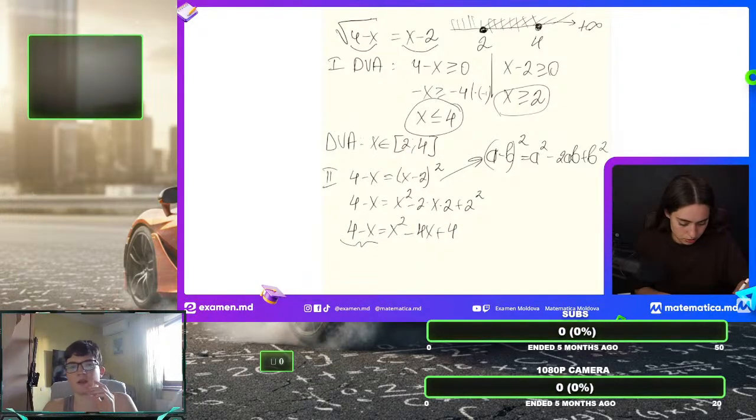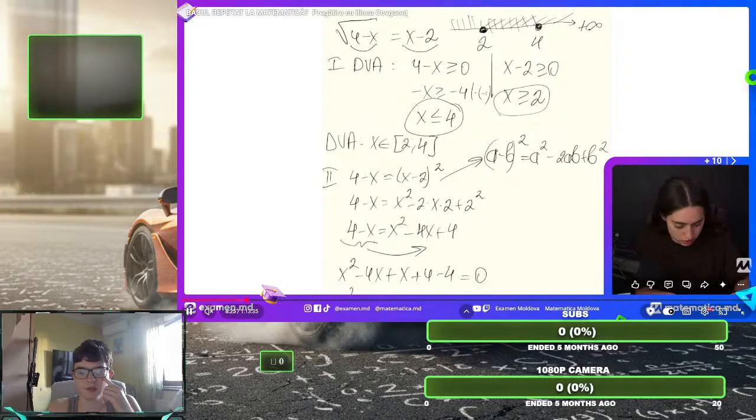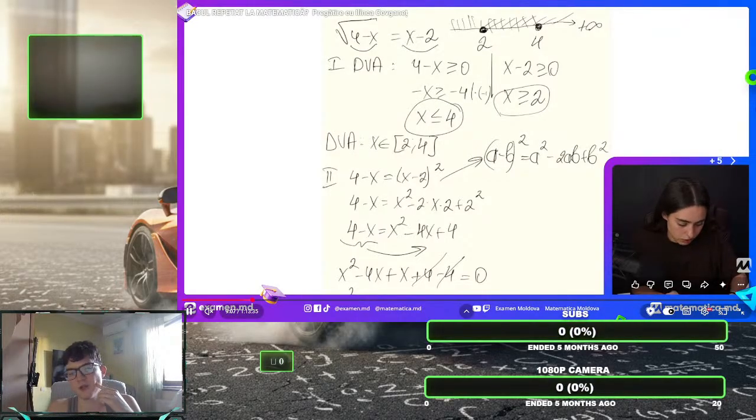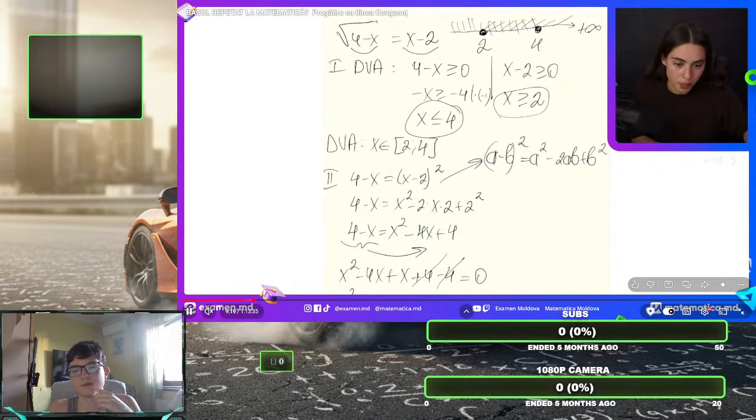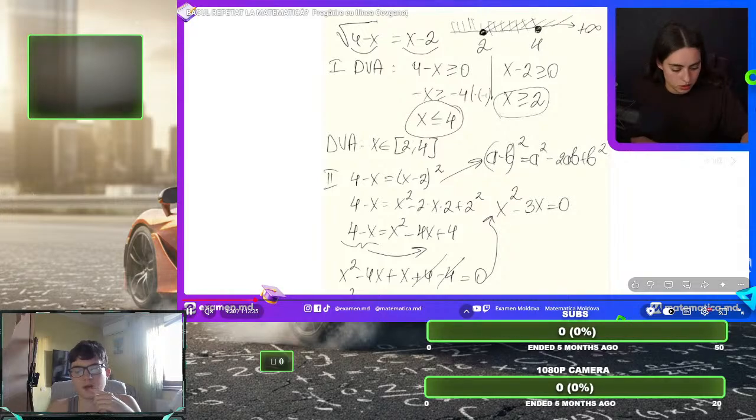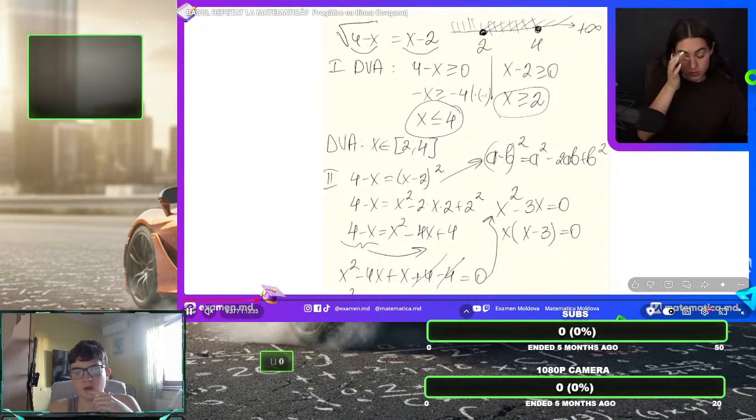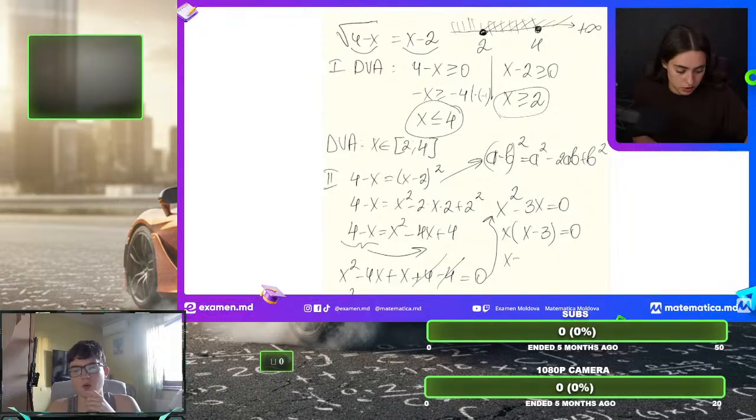And there you have two ways, with delta or with factorization. Okay, so that's simplified. And we have received... Yo, I can't see. Okay. So factorized it is, x is 0 or x minus 3 is 0, which leads us to the second solution being x is 3.